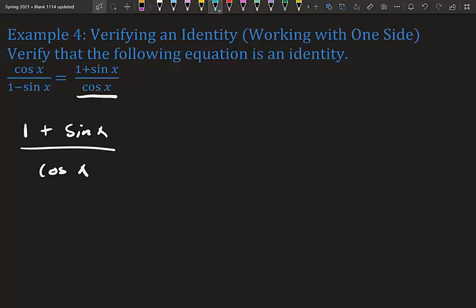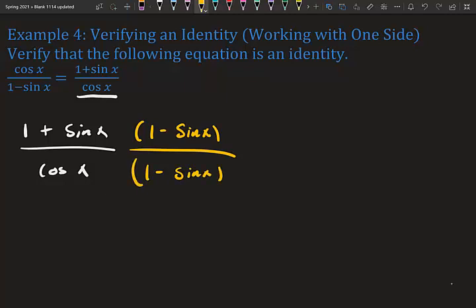Why can we do that? Because if you multiply top and bottom, you're multiplying by 1 and it doesn't change the value. So we're going to multiply by the conjugate, top and bottom. We're allowed to do that because technically we're multiplying by 1. When we multiply by 1, it doesn't change anything.